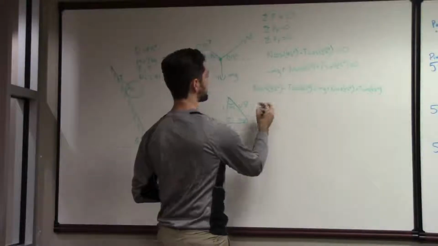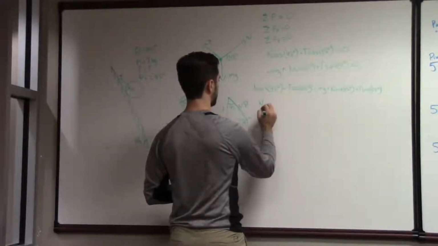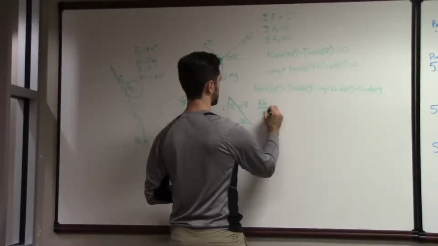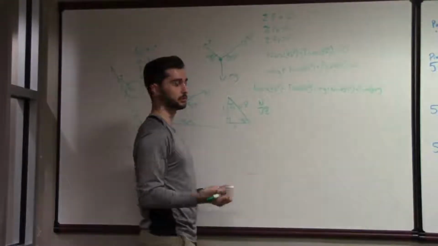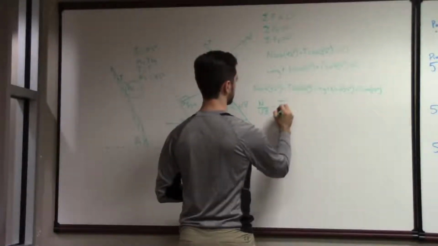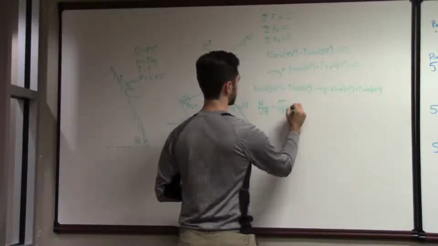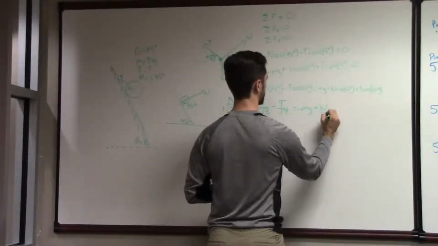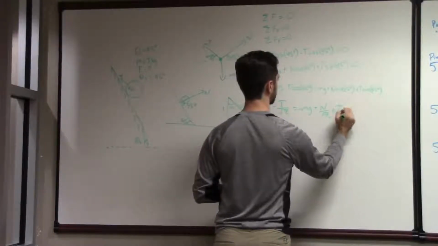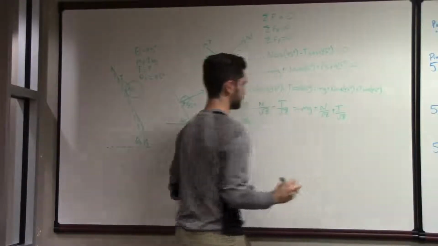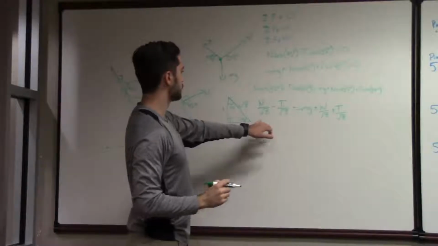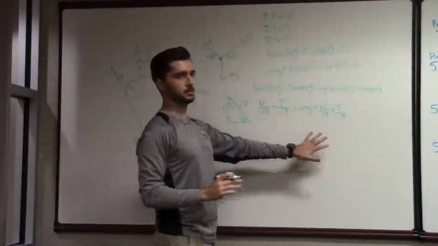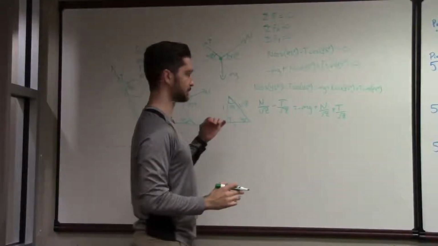So I can rewrite this as N divided by square root of 2, because it's 1 over the square root of 2, minus T over the square root of 2 equals negative mg plus N over the square root of 2 plus T over square root of 2. Okay, so now what I want to do is isolate T on one side and get everything else on the other.